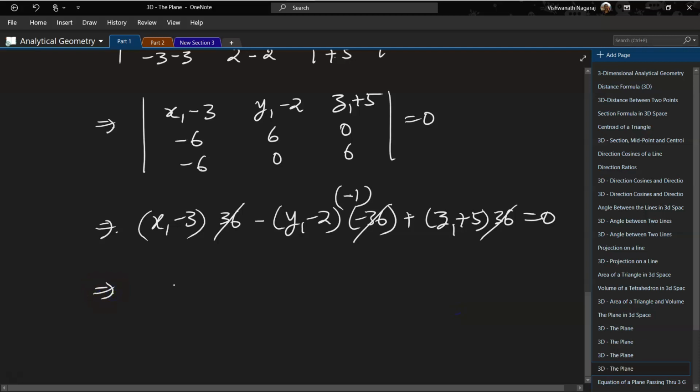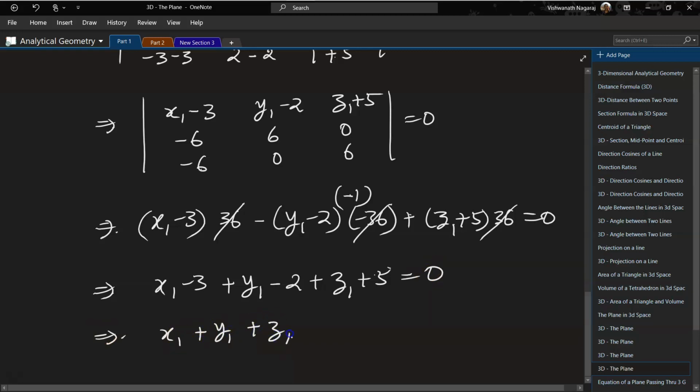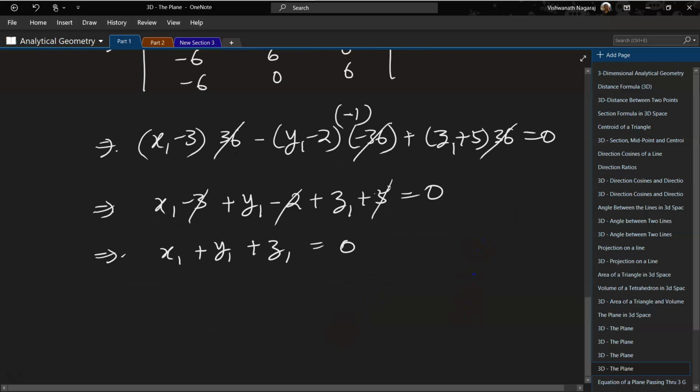So let's simplify this. x1 minus 3. Now minus minus becomes plus. So plus y1 minus 2 plus z1 plus 5 is equal to 0. x1 plus y1 plus z1. Now here you see minus 3 minus 2 is minus 5 and that cancels with plus 5. So we have got the equation of the plane on which this triangle lies.